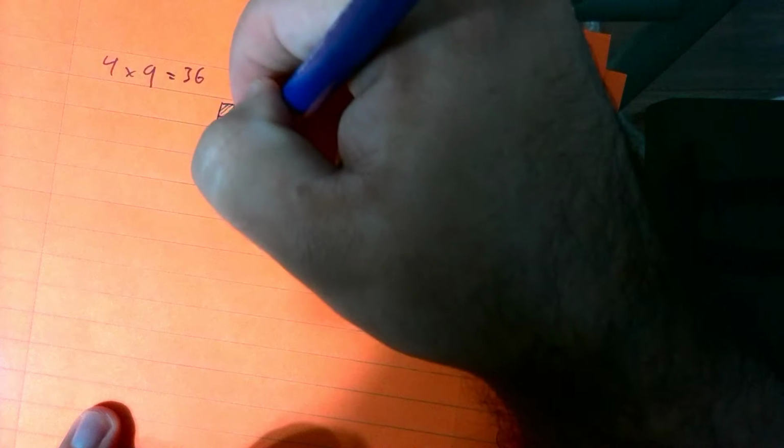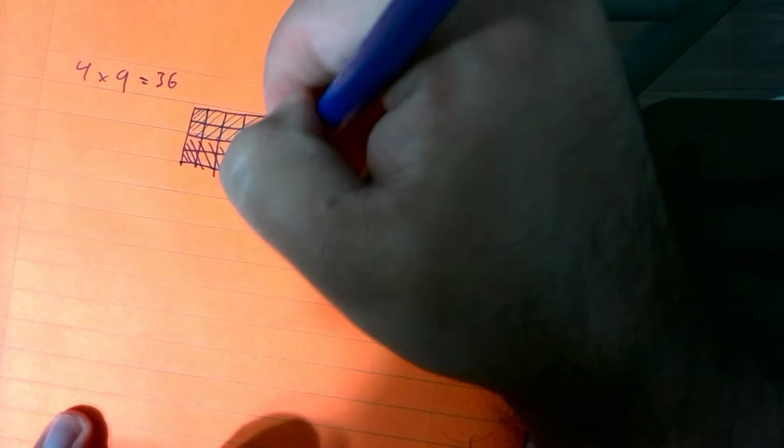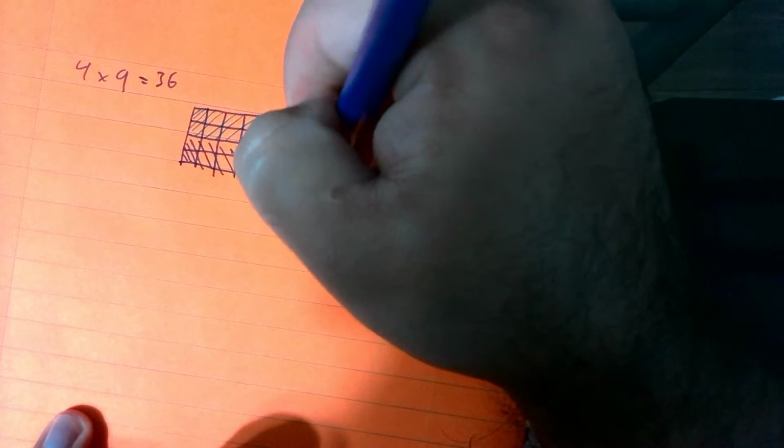But, what if you said, well, I don't know what 4 times 9 is, but I do know, or I can do 2 times 9. Okay? I do know what 2 times 9 is.